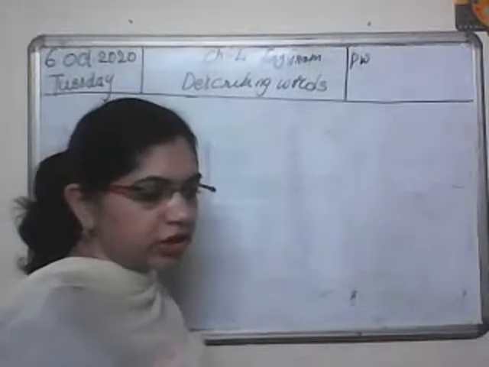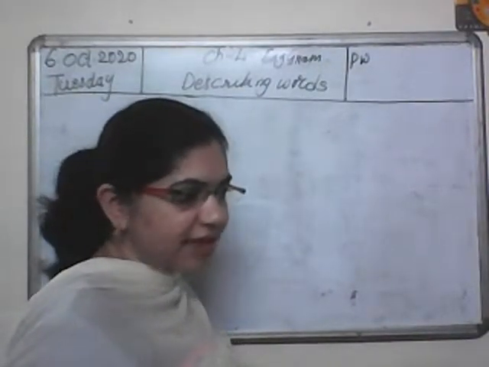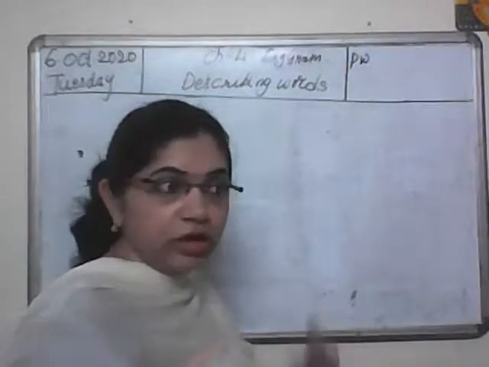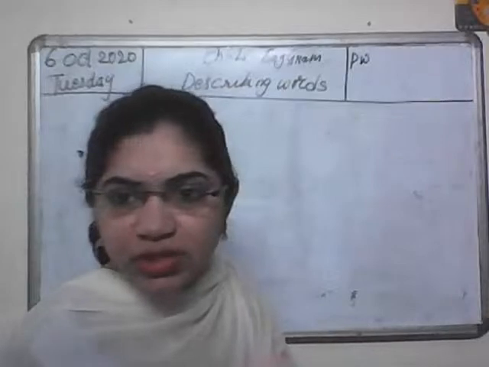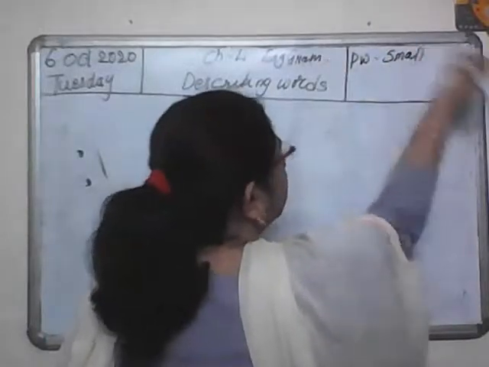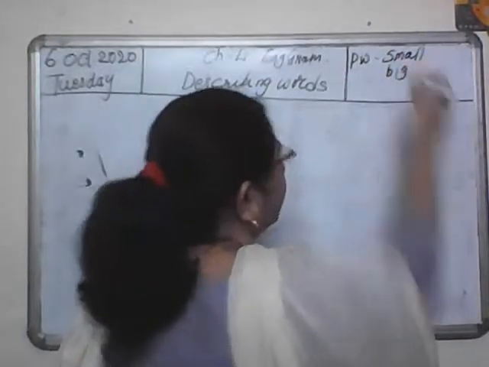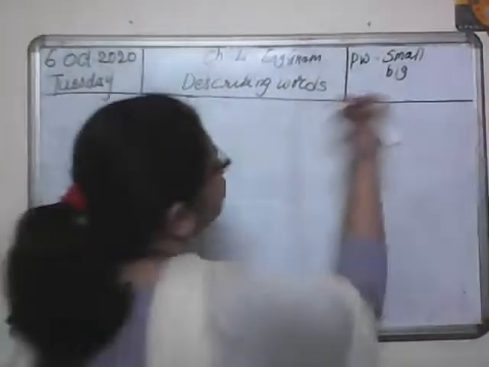And let's take a password, any describing word. Yesterday we took some colors. So today let's take something about size, like big, small, tall, short, any size. So the password is small, can be big, anything small and big, because these are describing words.